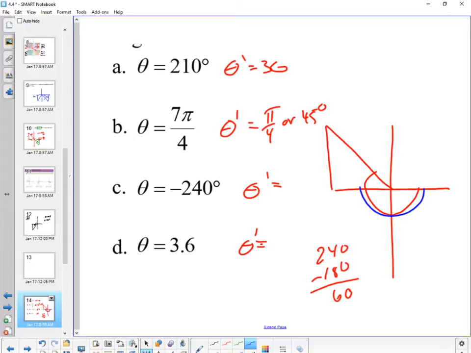Yeah, but when I draw it, it does. You'll want a positive reference angle. Wouldn't you subtract it by 180 again? No, why don't you do it twice?